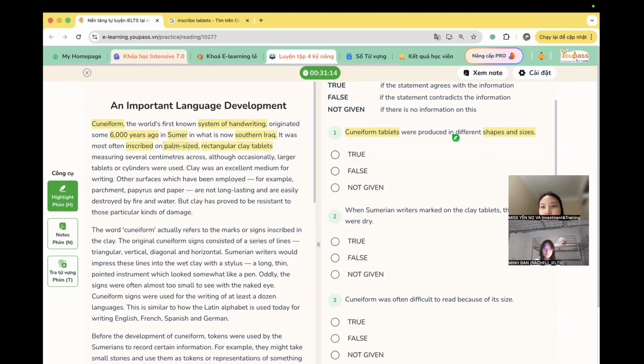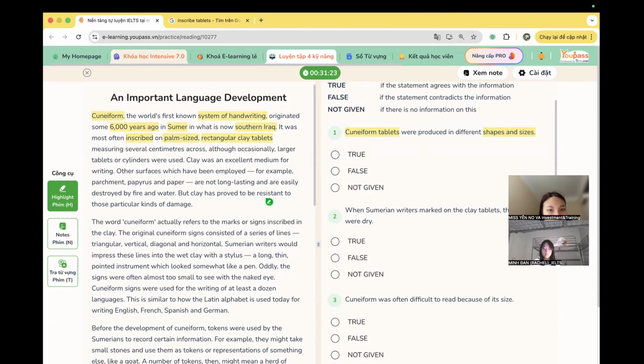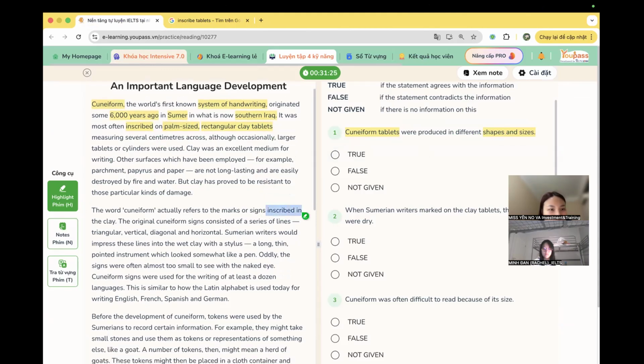But we need to find out if the tablet got different shapes inside here. You also here, the clay actually refers to the mark or sign inscribed on the clay. So it consists of a series of lines: triangle, vertical, diagonal, and horizontal.